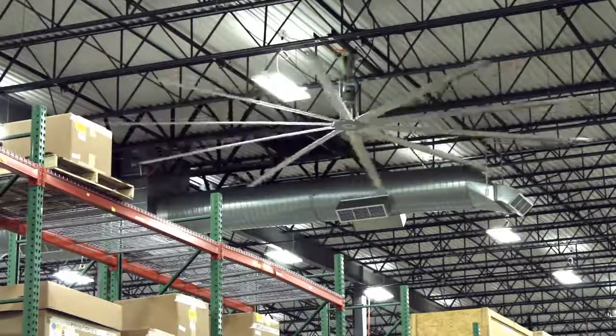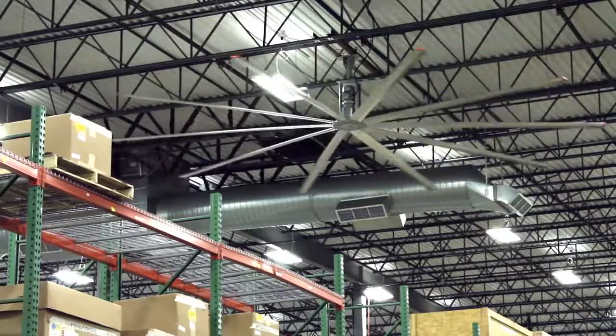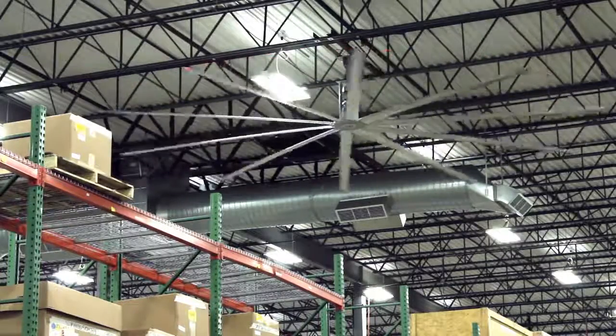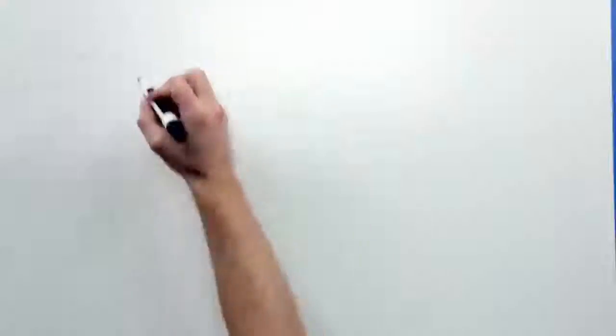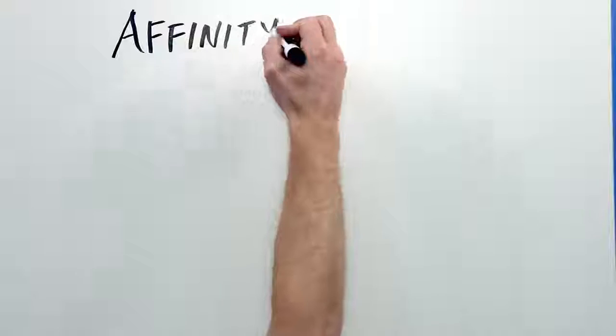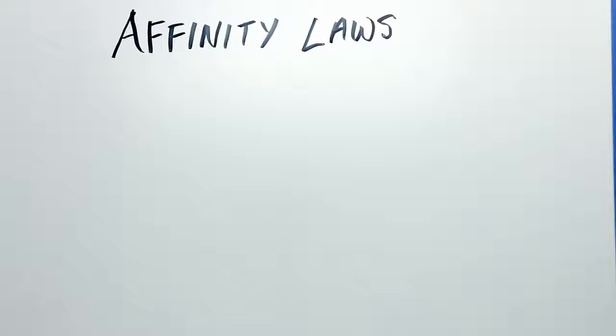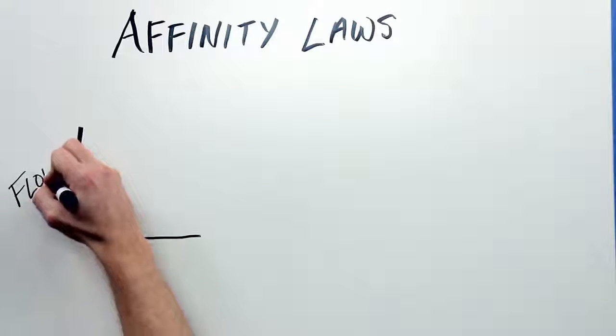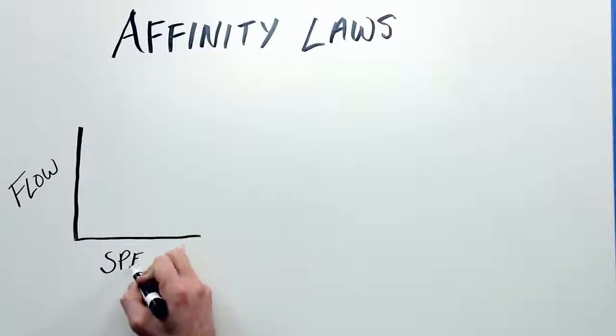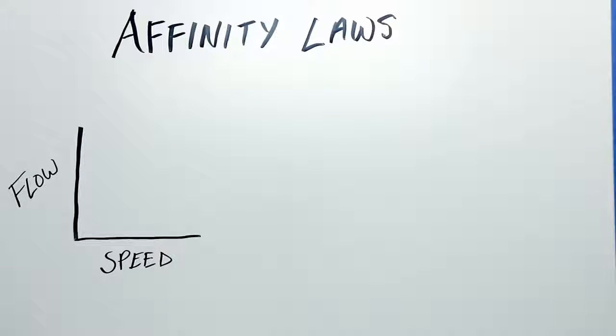Let's come back to variable torque loads for a minute. Variable torque loads are kind of special because of how fluids like air or water move. They behave according to a law of physics called the affinity laws. The affinity laws state that as the speed increases with a variable torque load, so does the flow of air or liquid at a linear rate.